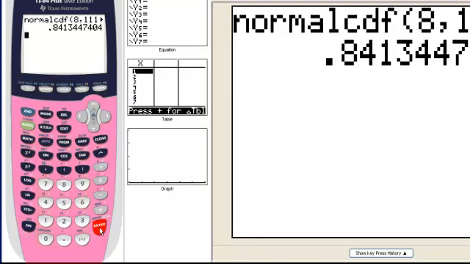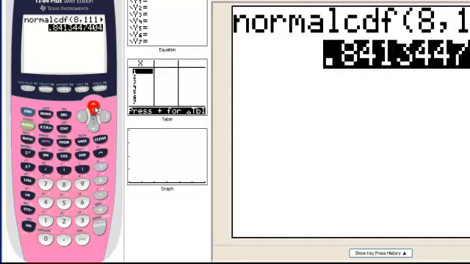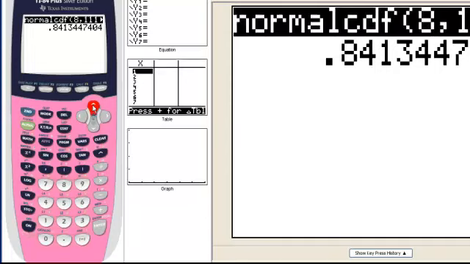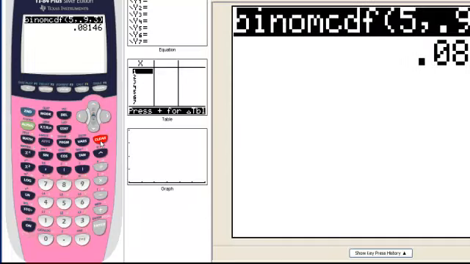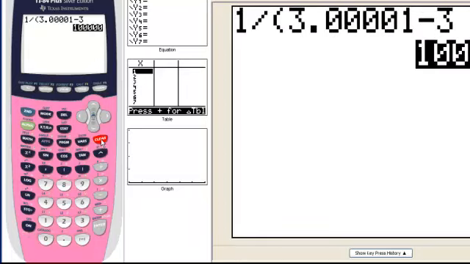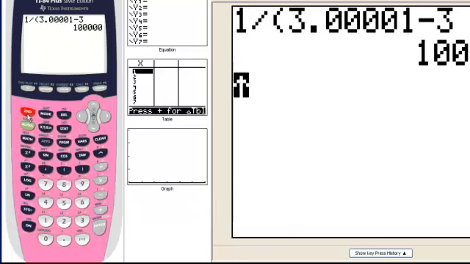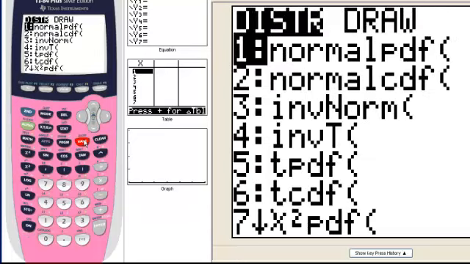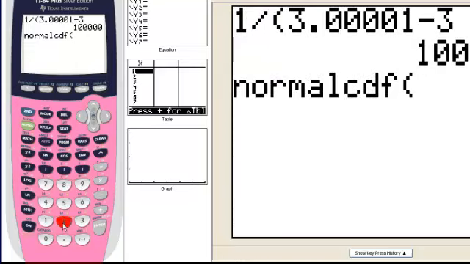And that is not what I wanted. So I lost my negative. So we'll just clear that out and start over. Sorry about that. Okay, clear. So second, vars, normal CDF.